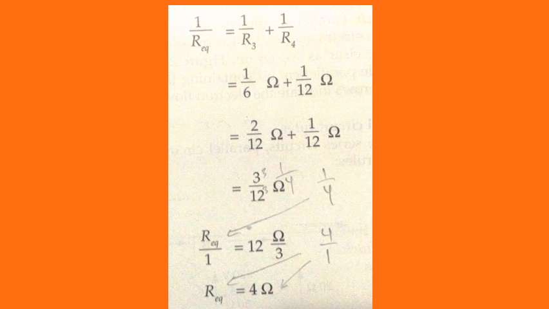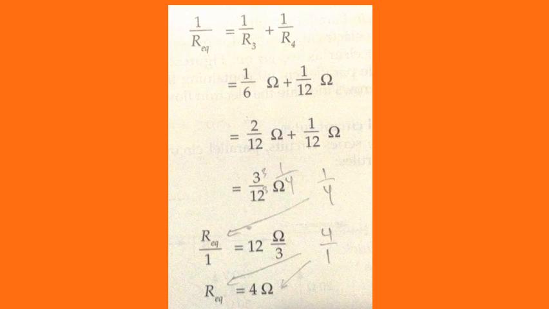The equivalent resistance from the parallel portion of the circuit can be said to be 1 divided by Req, which equals 1 divided by R3 plus 1 divided by R4. Working out the equation, we get 4 ohms.